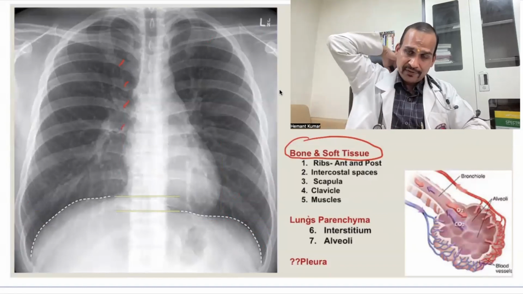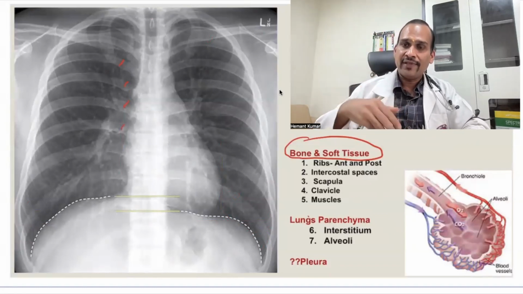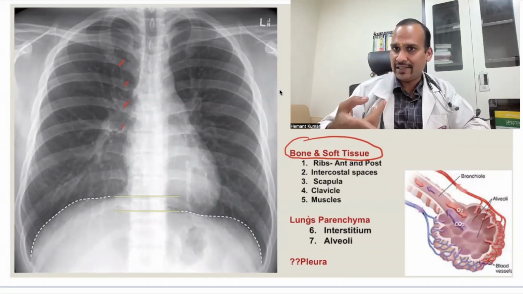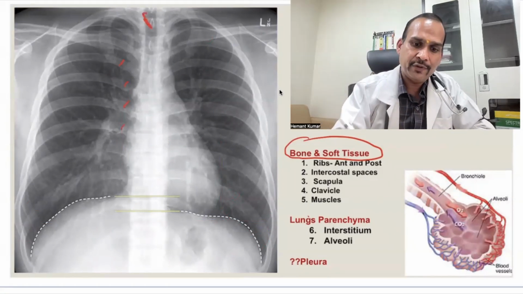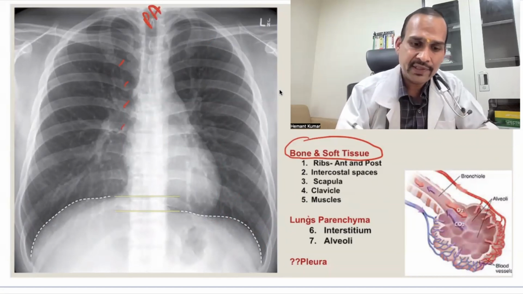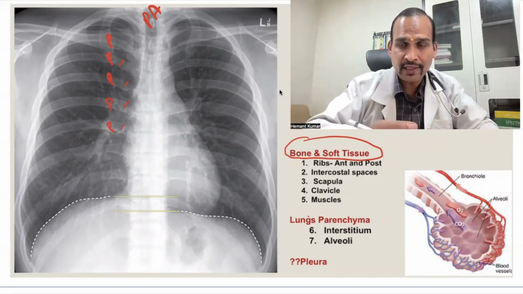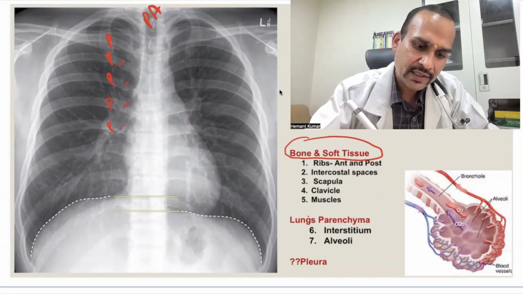So posterior ribs will come anteriorly, and anterior ribs will be seen posteriorly in the chest X-ray. So this is the PA view. Anteriorly we see the posterior ribs, whereas the anterior ribs are posterior in the chest X-ray. So these are the anterior ribs.